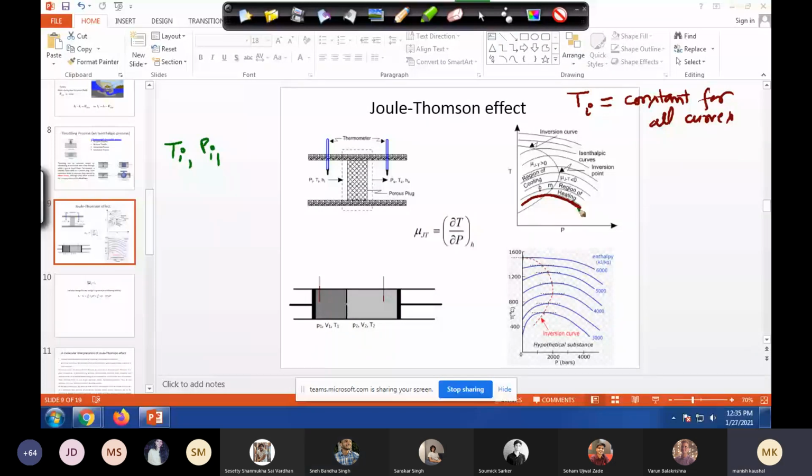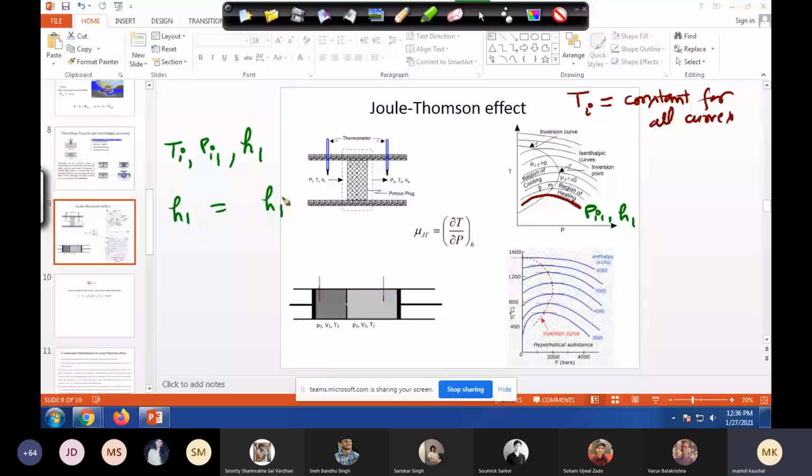Let's do it systematically. Pi1, and the moment we say Pi1, our H1 is also fixed, right? So this is for a given H1. Now, H1 at inlet is going to be the same H1 at outlet.